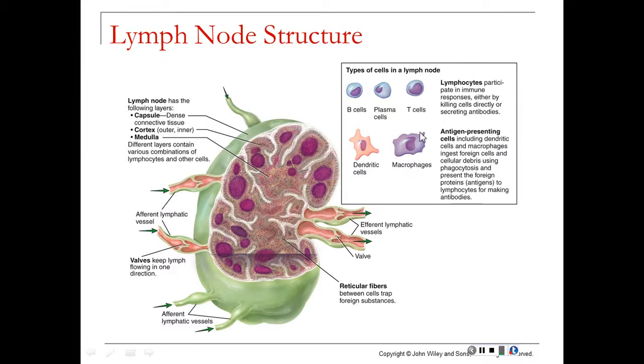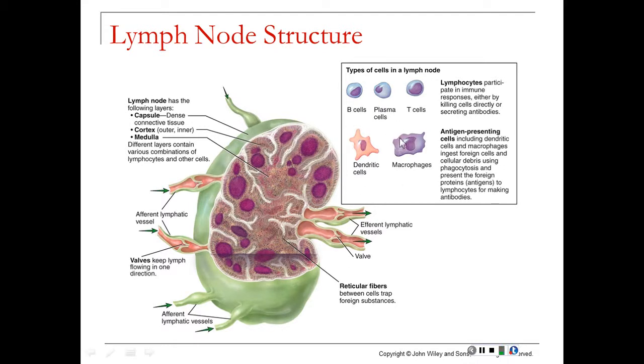There's also these cells, which are called APCs, antigen-presenting cells. Dendritic cells and macrophages, ultimately these guys ingest or eat those foreign cells and cellular debris using phagocytosis. So basically anything that shouldn't be in the body, anything that's foreign to the body, dendritic cells and macrophages are going to come and gobble them up.